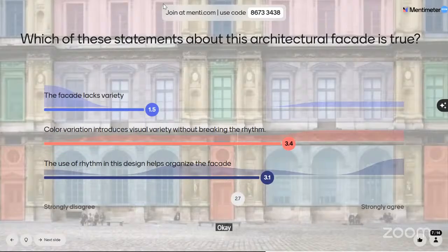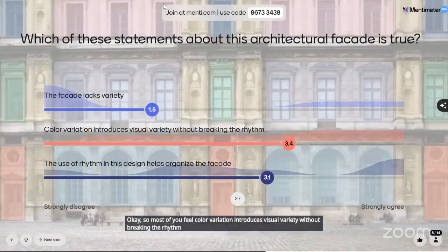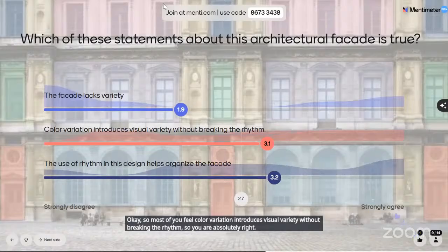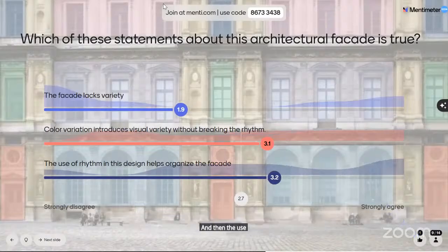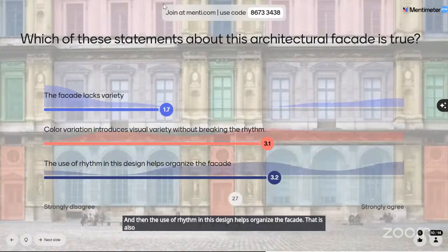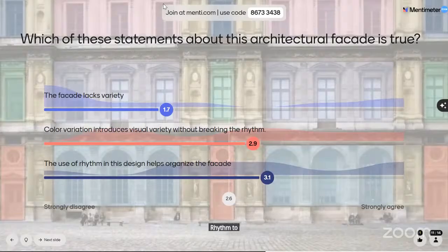Okay, so most of you feel color variation introduces visual variety without breaking the rhythm. So you are absolutely right. And then the use of rhythm in this design helps organize the facade. That is also correct. That is, you are using rhythm to organize the facade. So lower floor has arches, but then the elements are repeating. So it's a rectangle with an arch.